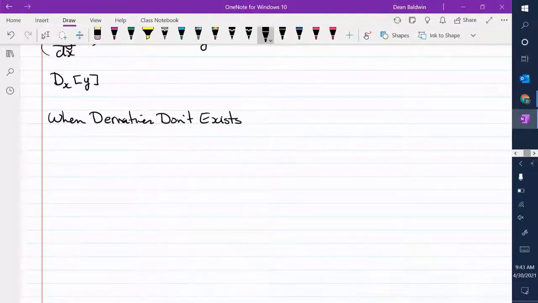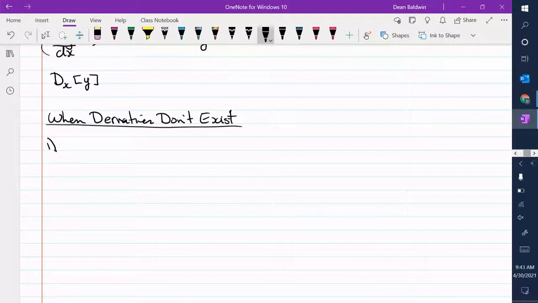You already know most of these. Who can think of one where the derivative wouldn't exist? Think of it in terms of limits.